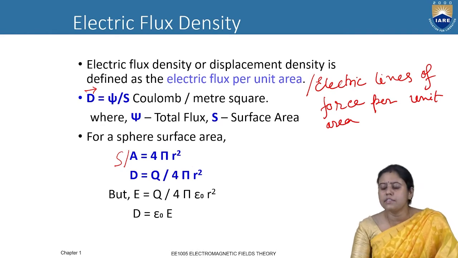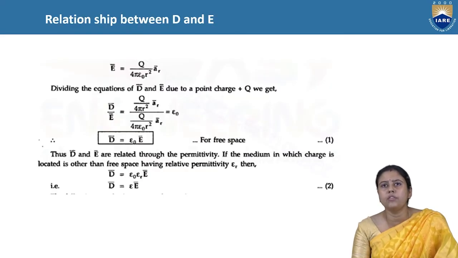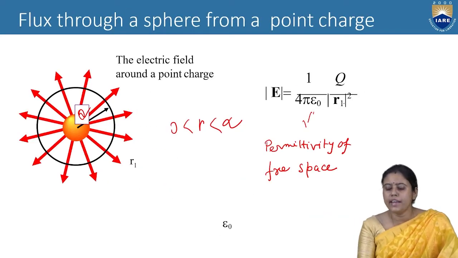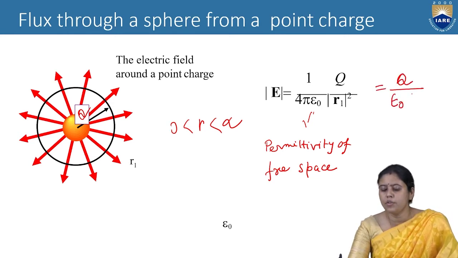Similarly, from the last slide, we can see what E is. E is equal to Q by epsilon 0 4 pi R square.